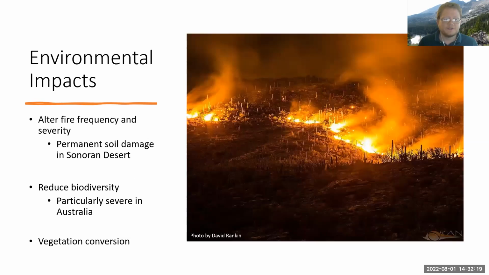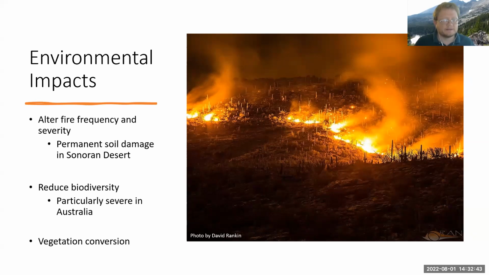That's some of the issues that it can cause. So one of the problems is it will move into the interspaces between typical Sonoran vegetation and allow fire to carry much faster and much hotter through the Sonoran environment. And that has led to some permanent soil damage with a loss of soil ability to fix nitrogen and a big reduction in biodiversity.